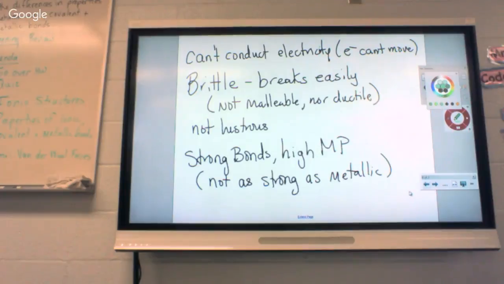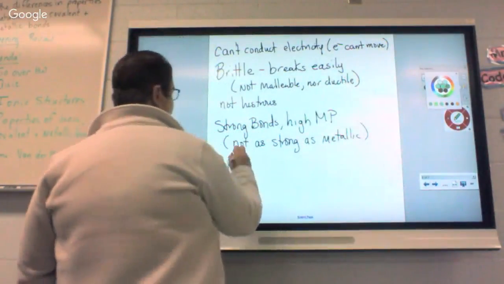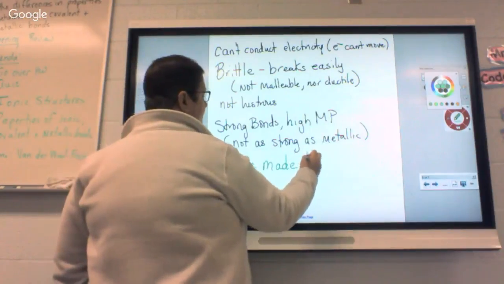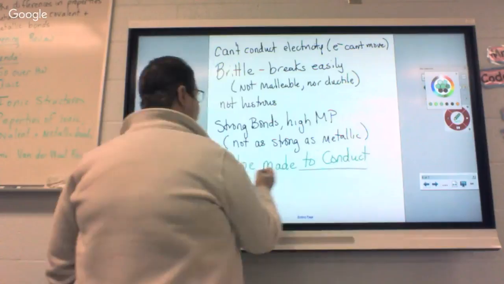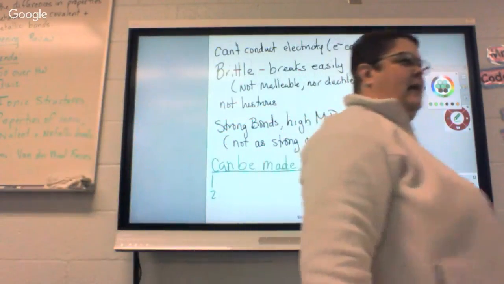Not covalent. Ionic can be made to conduct. So how can we make ionic conduct? Two ways. How can I make an ionic compound conduct?